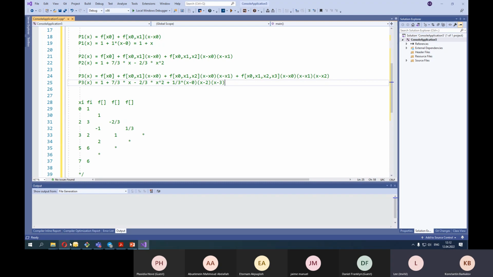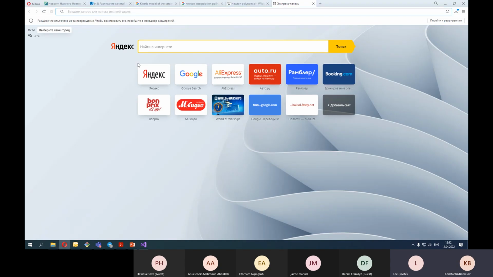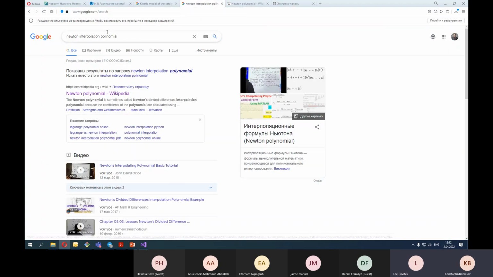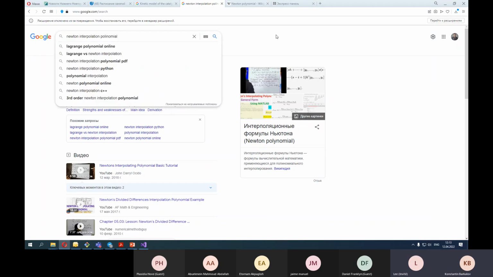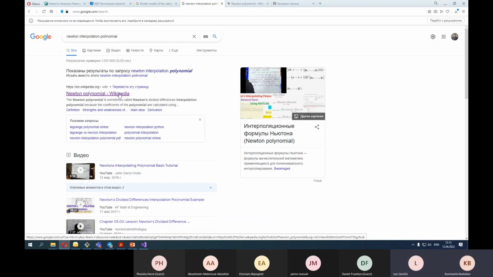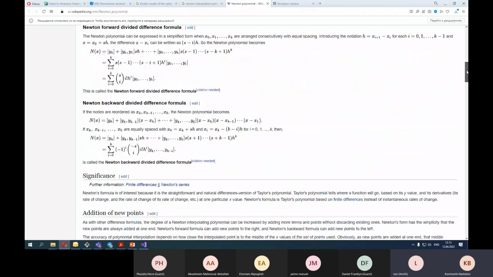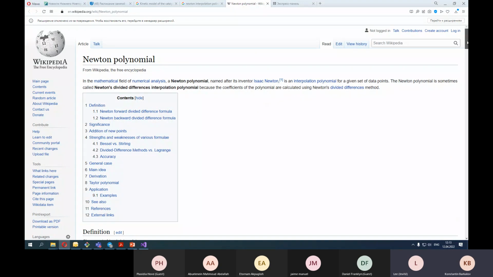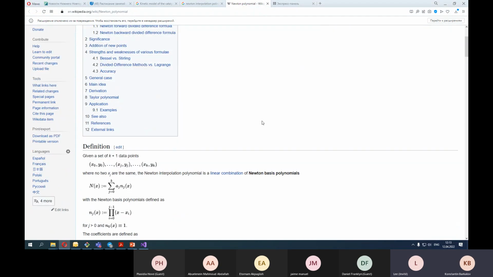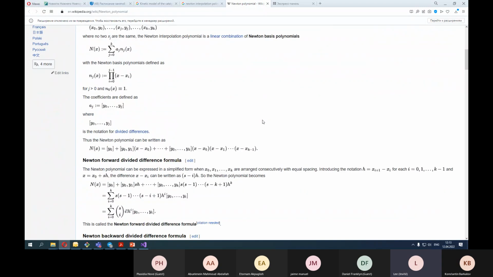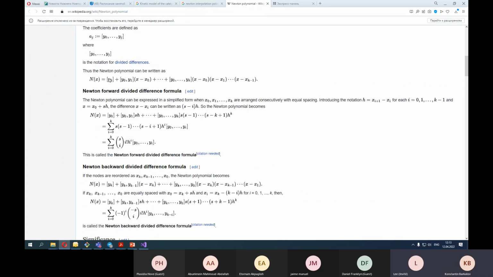And also, if you just type in Google Newton interpolation polynomial, the first link will be on the page in Wikipedia, and it's a very good page that explains the Newton interpolating polynomial. You see that it's more or less the same notation.